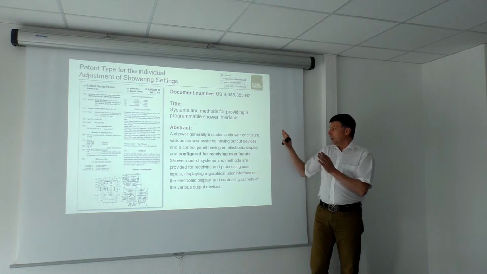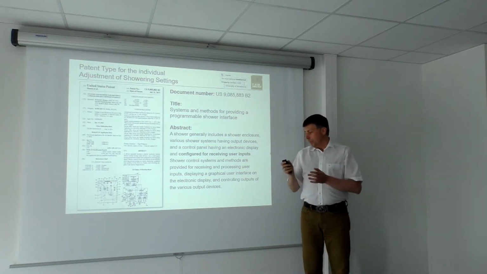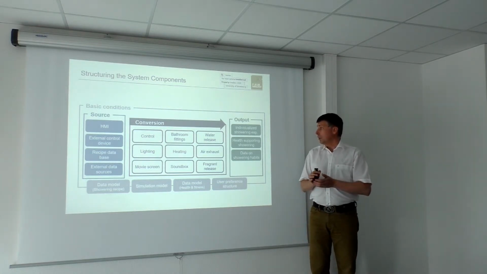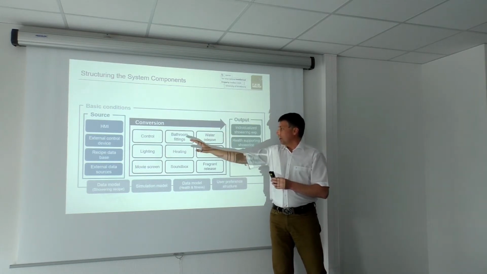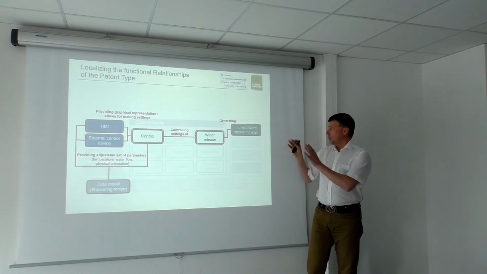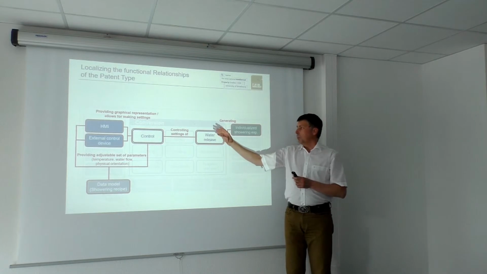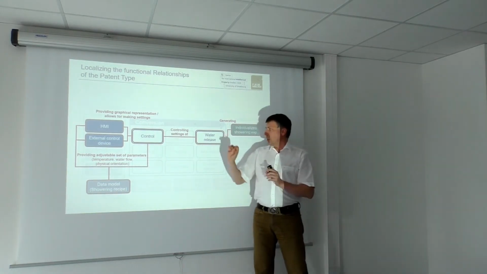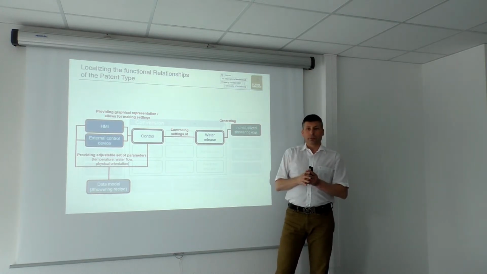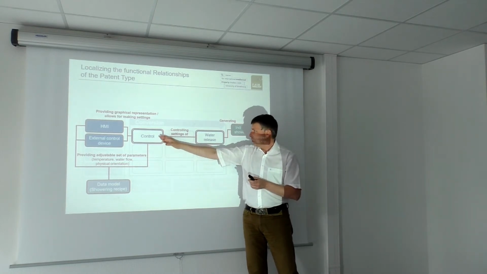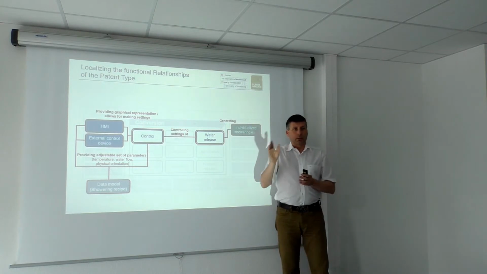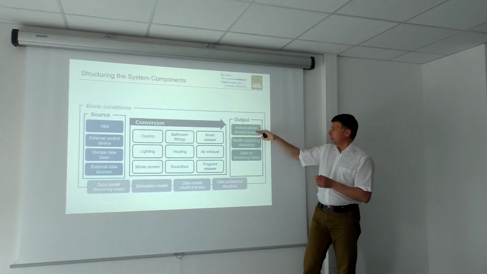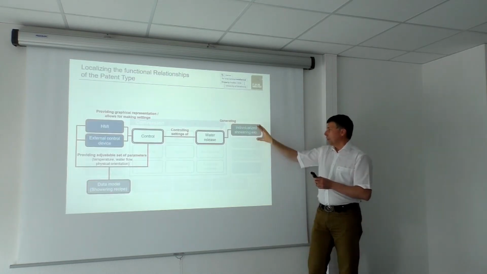This patent is basically about a control system and a method for controlling the water release in a shower through several releases. So what we will find in this patent is the control system and the water release, and this we have put into this slide, which shows that in the patent there's a claim which demonstrates the use of an HMI which is put in the shower cabin to select a recipe or a pre-programmed sequence of temperatures, for example, which is then used by the control to control the water release in accordance with the selected program, which then creates one of the outputs that we have envisaged in our project, the individualized showering experience.